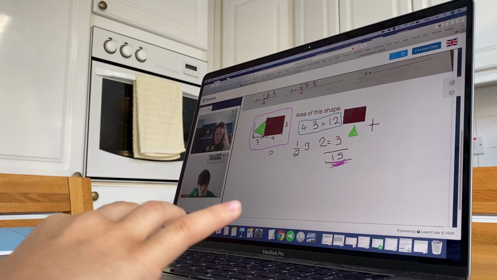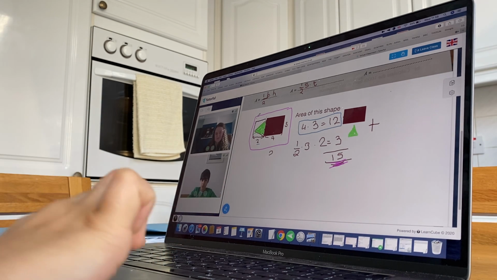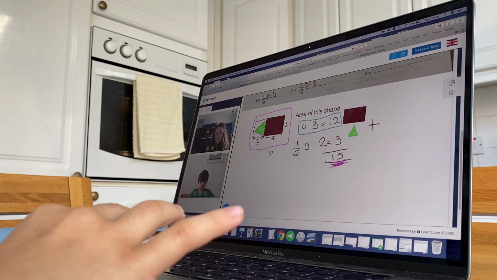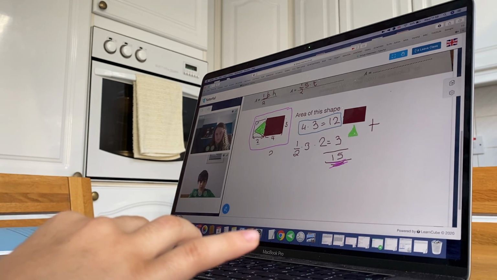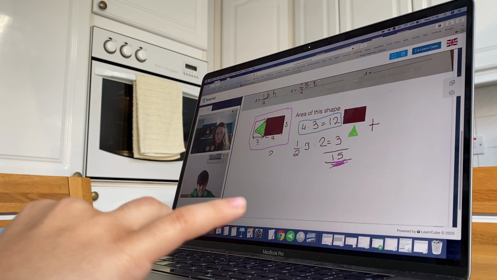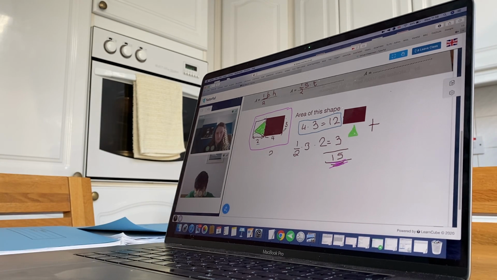That bit would be a whole, so you just multiply these two together and then add it with this side. Does that make sense? Where that's come from?